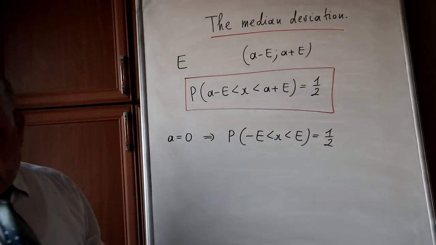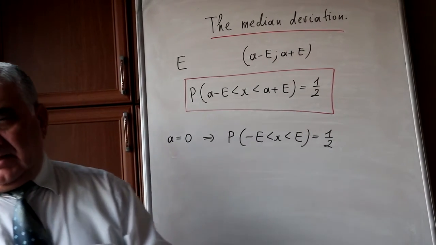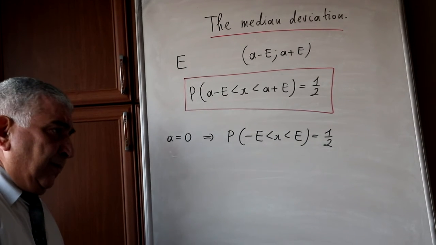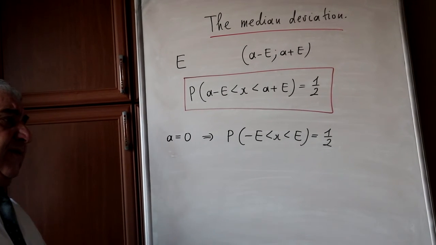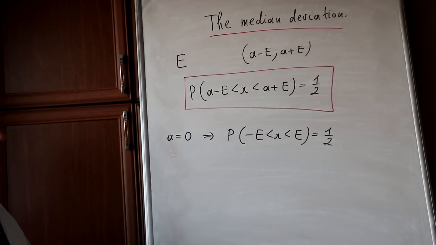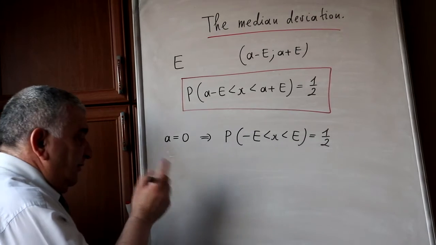But then remember the formula of probability of falling of the continuous random variable with normal distributive density into a symmetric interval. It is defined by the following formula.